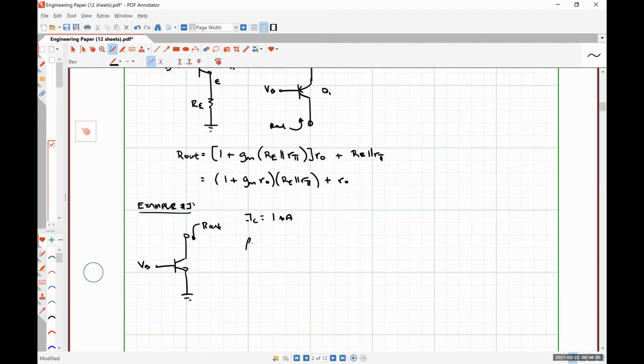We have a beta of 100, and an Early voltage of 5 volts.